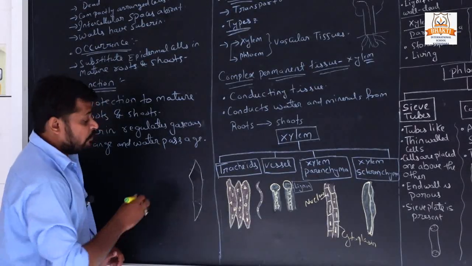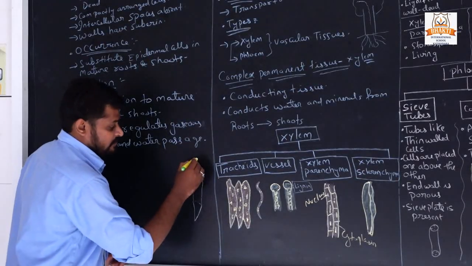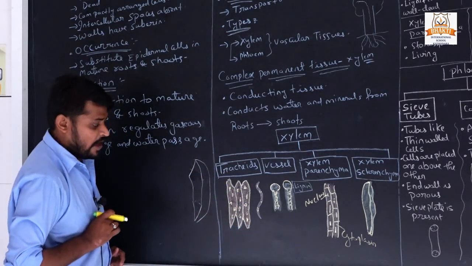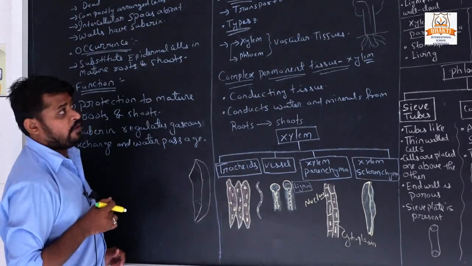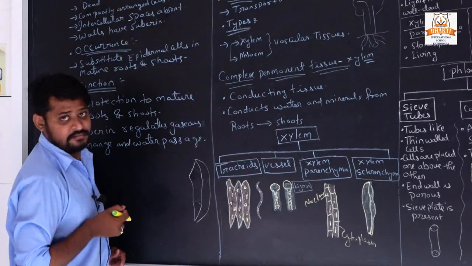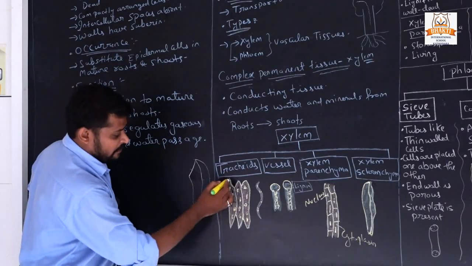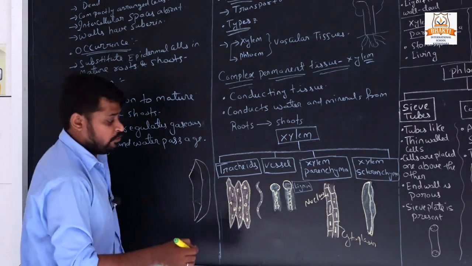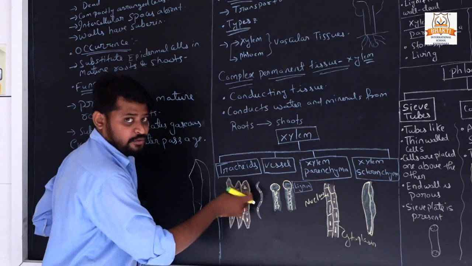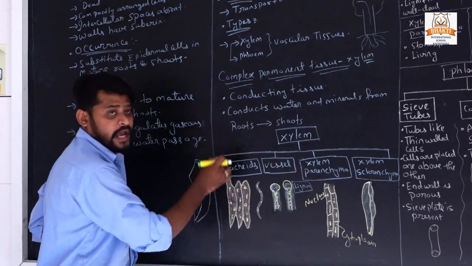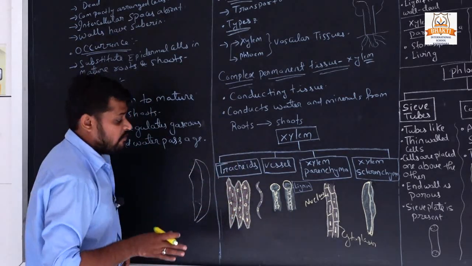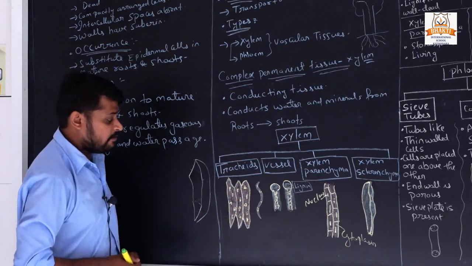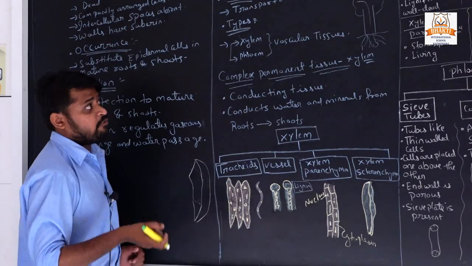So we attach them side by side like this. The third point is the tapering end, which means it is pointed, so we can't join one cell to another at the top and bottom. That's why we join them side by side.